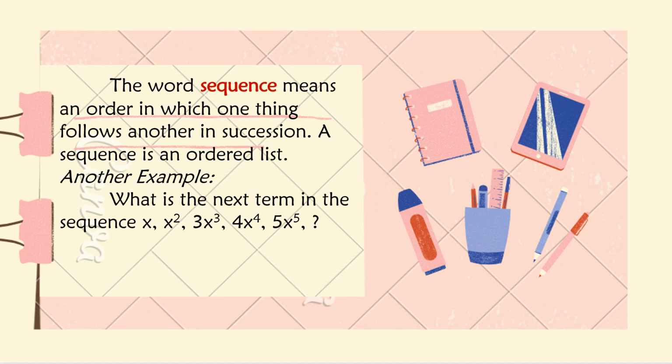We have x, x raised to 2, 3x raised to 3, 4x raised to 4, 5x raised to 5. What do you think is the next term? If your answer is 6x raised to 6, that is correct.